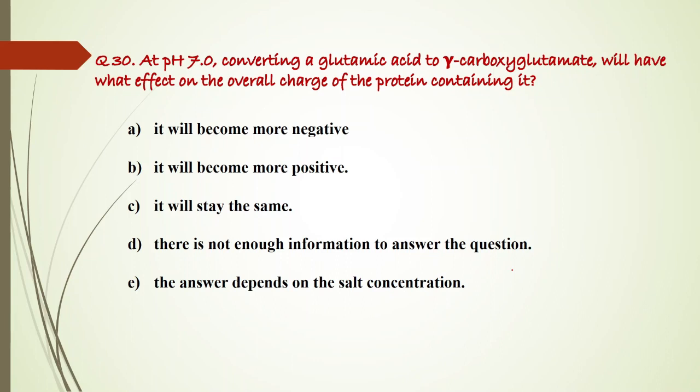Suppose a protein initially contained glutamic acid at pH 7. Now you have somehow converted it to gamma carboxyglutamate. What will be the effect on the protein's charge?